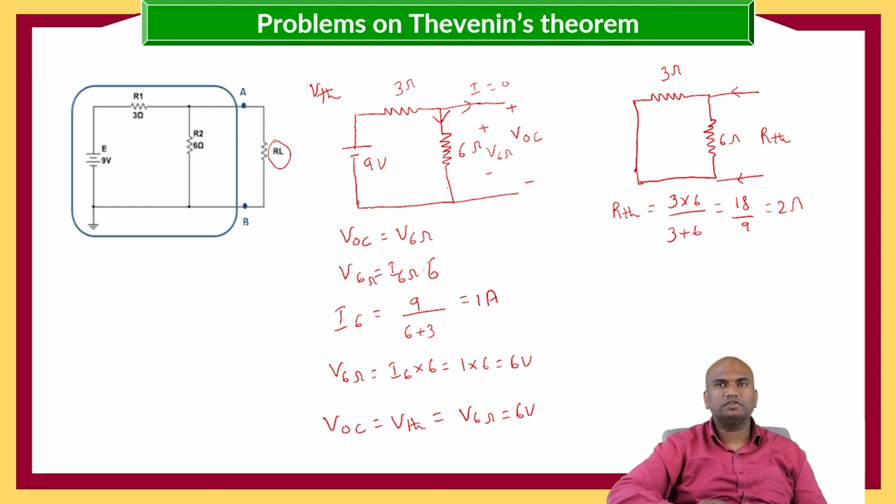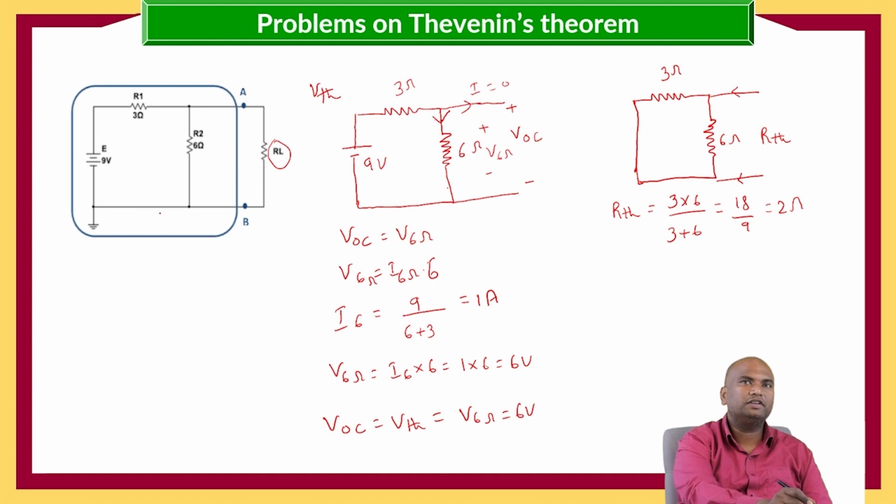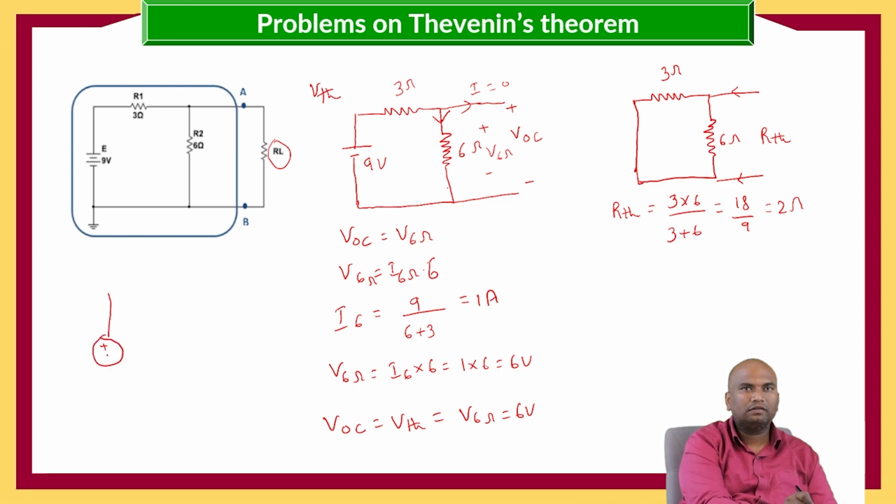Now we can replace the original circuit with a single voltage source VTH in series with RTH, and then the load resistance.